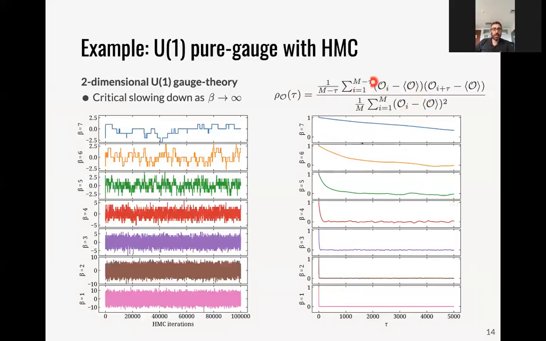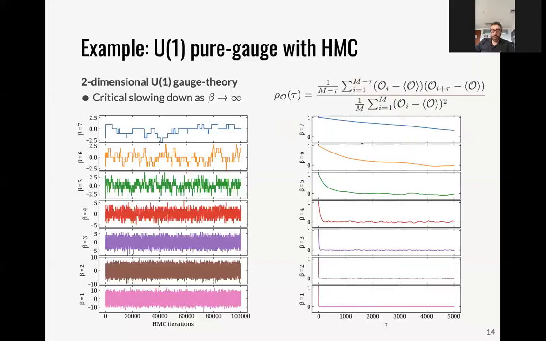So more formally, you can define it like this, where the observable now is exactly the topological charge. And you can see that for small beta values, rho of tau immediately goes to 0, in just a few iterations. Whereas as you move upwards, you see rho of tau going to 0 very slowly.